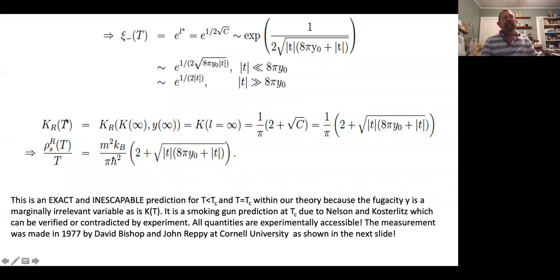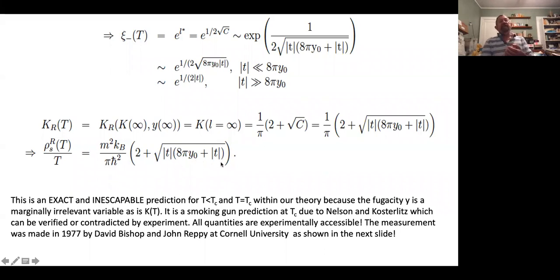But of course, remember that this quantity, this K-R of t, contains the superfluid density. And so it's proportional to rho s of t divided by t. So therefore, the measured superfluid density, mass per unit area, divided by temperature is equal to m squared times Boltzmann's constant divided by pi h bar squared times 2 plus this square root.